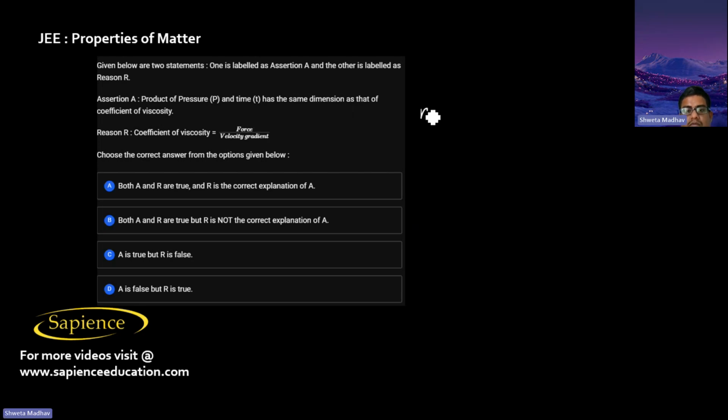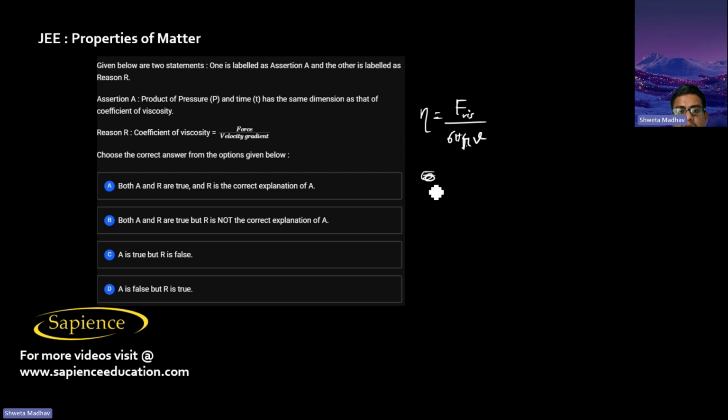So for the coefficient of viscosity eta, the viscous force is 6 pi eta rv.